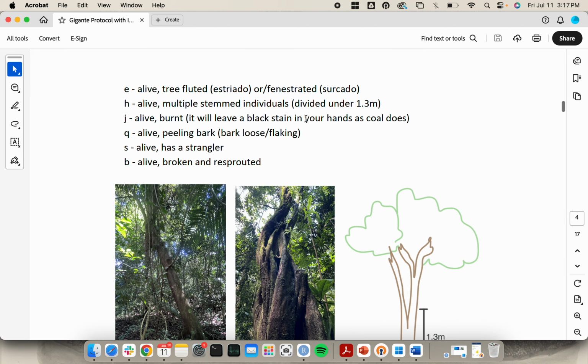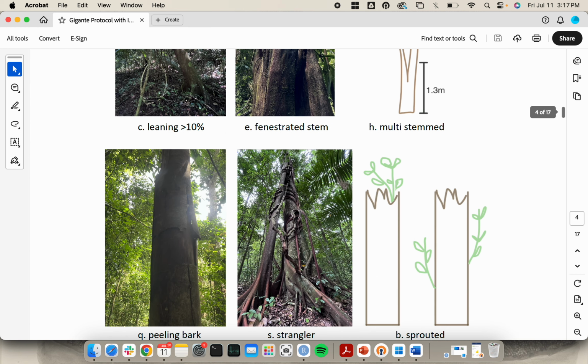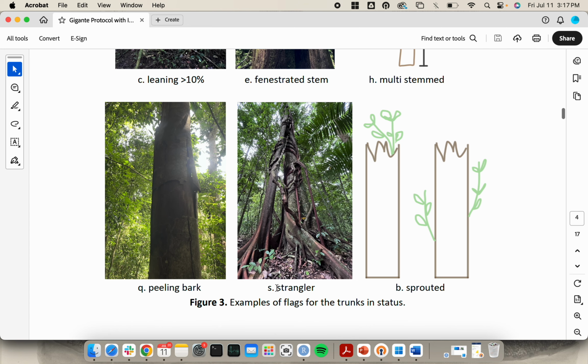If it's burned, but this is very rare, the only way to know if it's burned is if you touch it and your hands look like coal, so like black, as when you're making a fire. If it's peeling the bark like this, you add a Q. If it has stranglers, S, and if it's sprouted, a B.